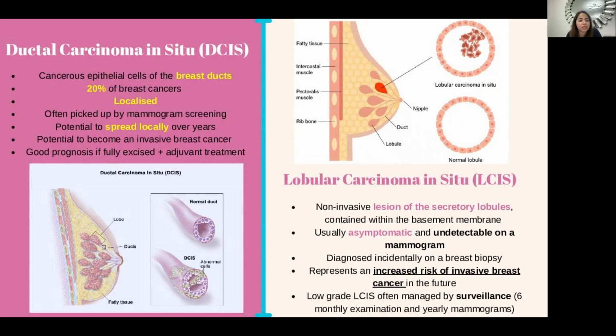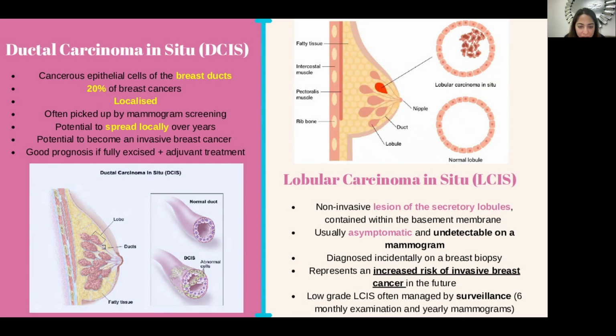They do have the potential to spread locally over a good few years, and they can become invasive breast cancer. So that's very important to know when you have patients with DCIS. But if they are picked up early, fully excised, and given adjuvant treatment with hormones, chemo, radiotherapy, etc., then they've got a pretty good prognosis.